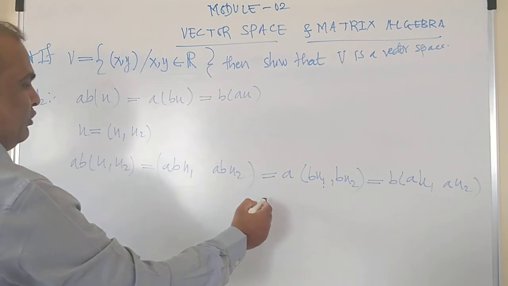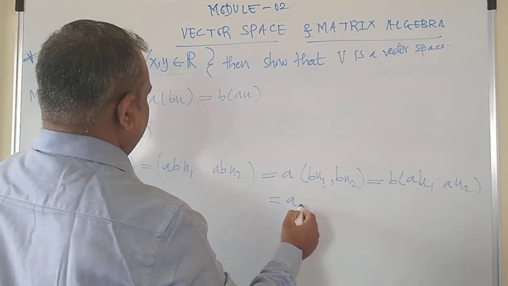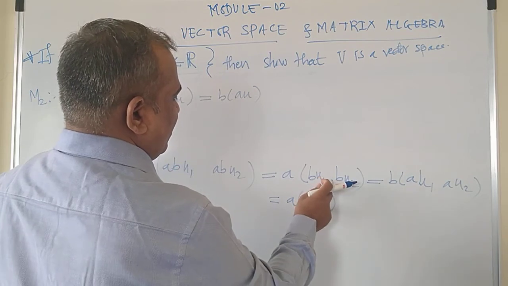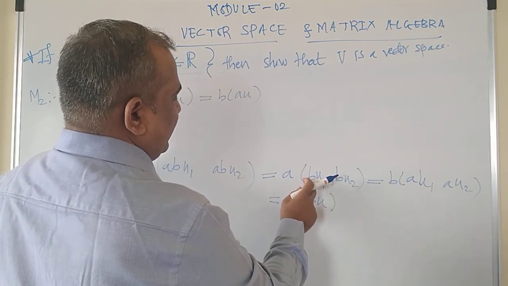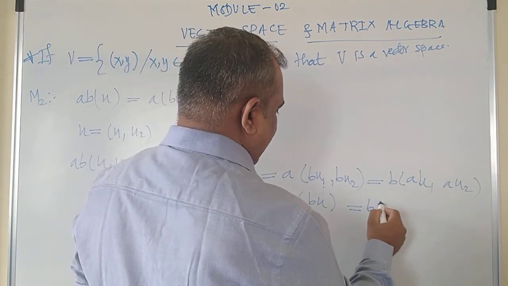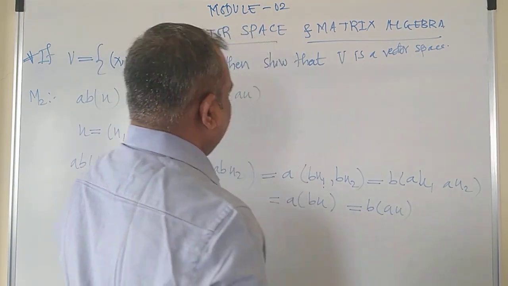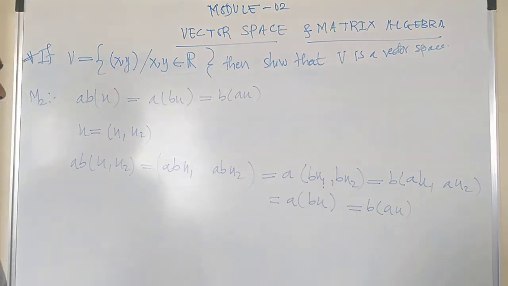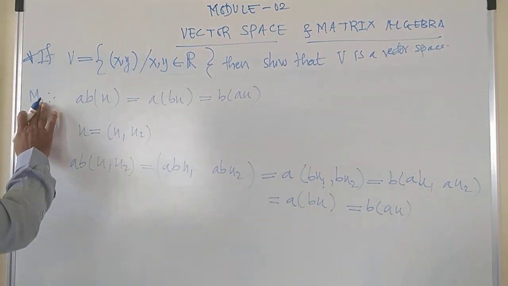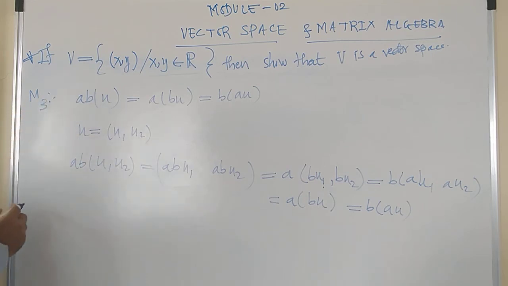This bracket will give me a times (bu). Why? Because this is nothing but b times (u1, u2), and this bracket I would be able to write as b times (au), and thus I can say m3 is also followed.